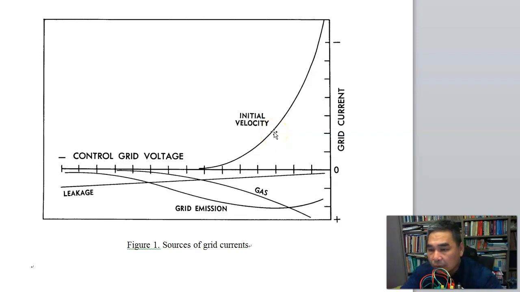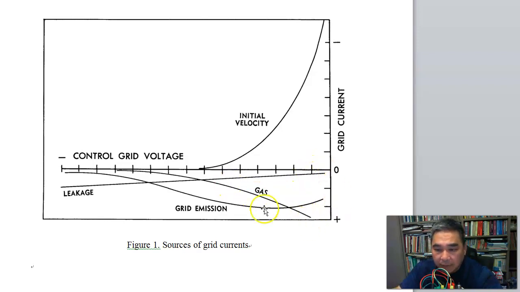The y-axis is the amount of grid current, so be careful of the sign. This is a negative sign, this is a positive sign. If the current is in this region, the grid will go more negative. If the current is in this direction, the voltage on the grid tends to be higher than the bias voltage supplied to the grid.